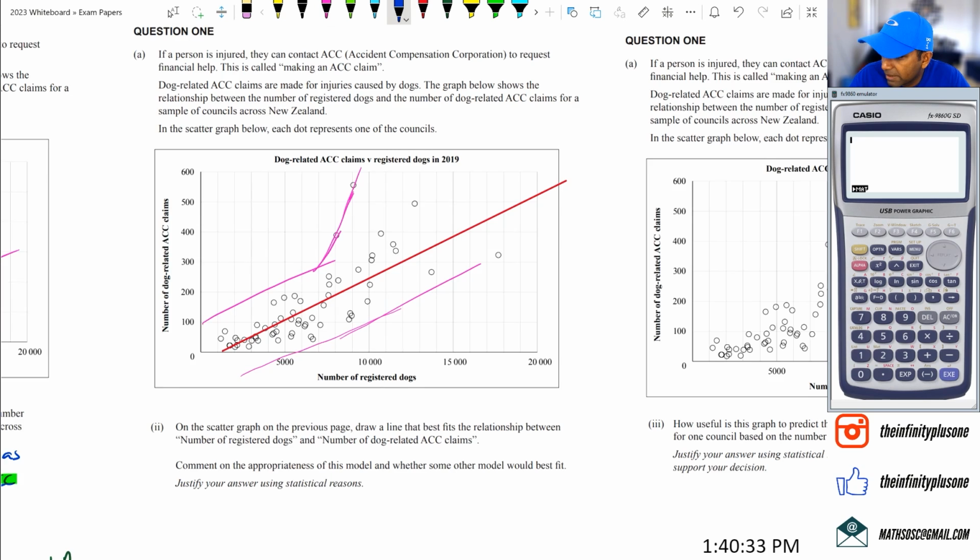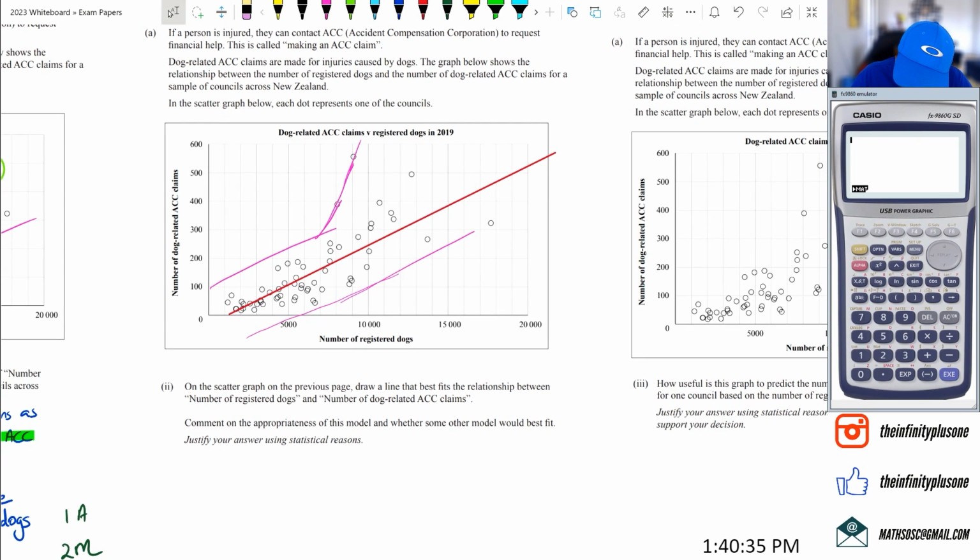So I might just put that predictions for higher valued dogs might not be accurate.